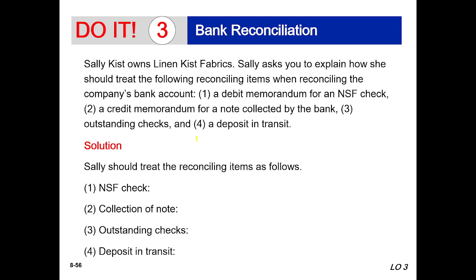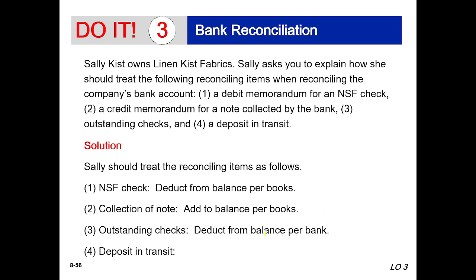You can look at this example. This is very easy to understand, I think. Add to balance per book, original check, deduct from balance per bank, add to balance per bank.